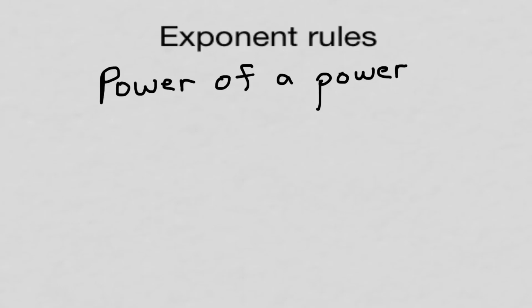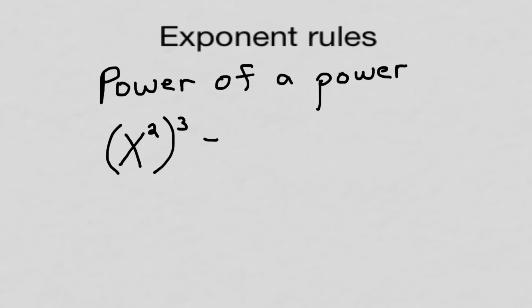The second thing that we're going to talk about today is a power of a power. When I say that, I mean, let's say you got a variable x squared. What would that be to the third power? The power of 3 is on the outside of the parentheses. On the inside, you've got an x squared.